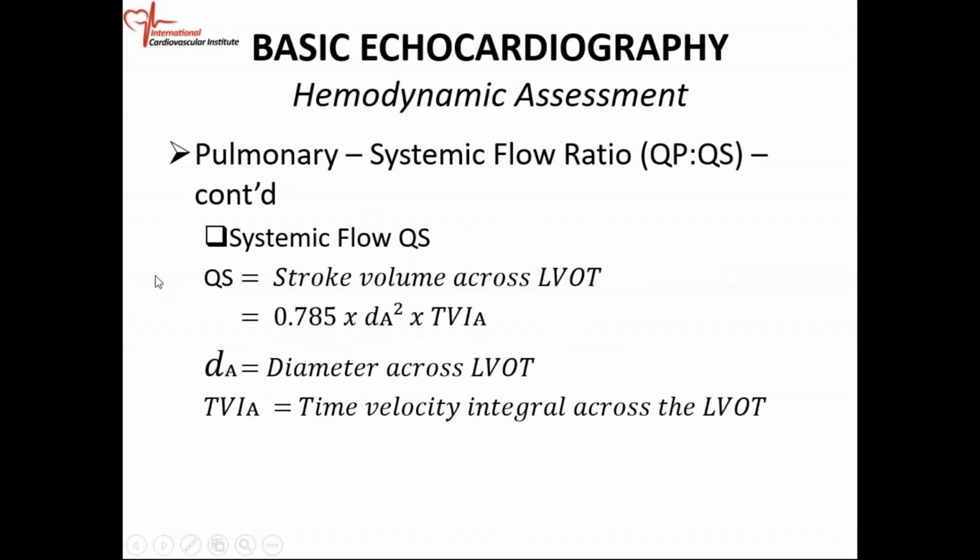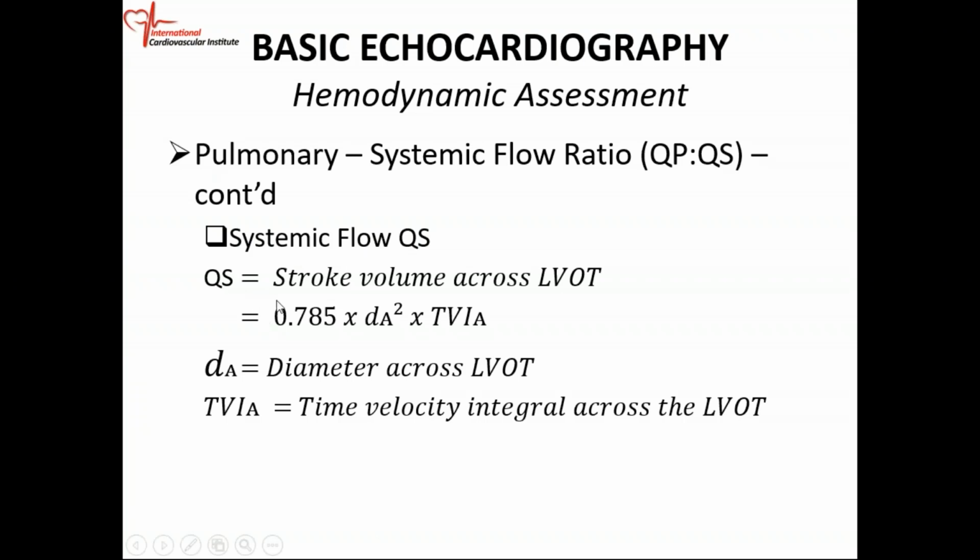QS, we went over QS, which is your systemic flow. This is the blood flowing across the LVOT. So you have pulmonary flow on the right side and systemic flow on the left side. On the left side, when we say stroke volume, we usually refer to blood flowing across the left ventricular outflow tract.